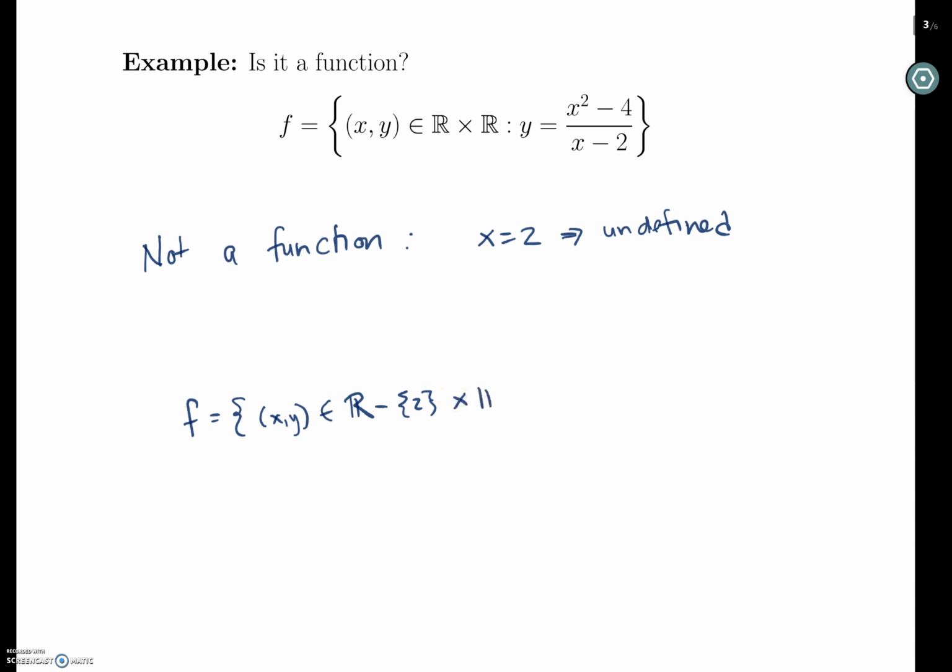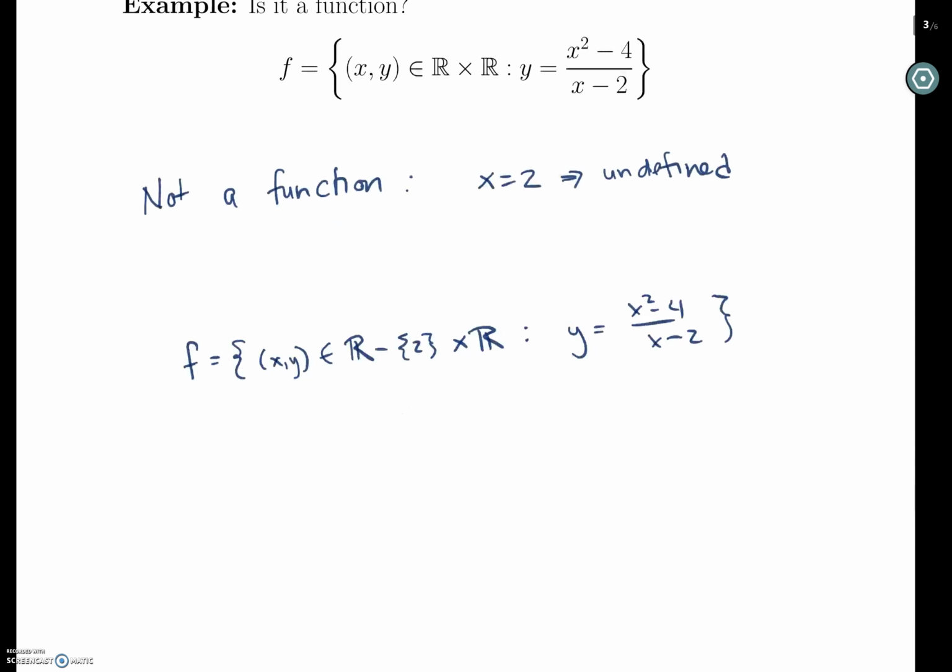So if we take 2 out of our domain, then this would work as a function. So make sure that you pay attention to your domain when you're asked to decide if something is a function.